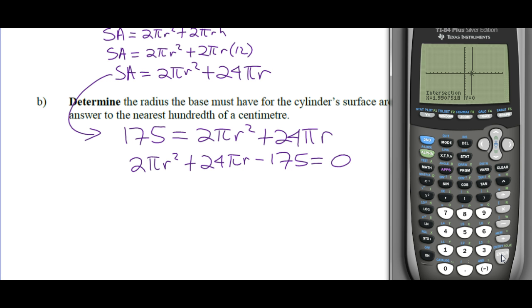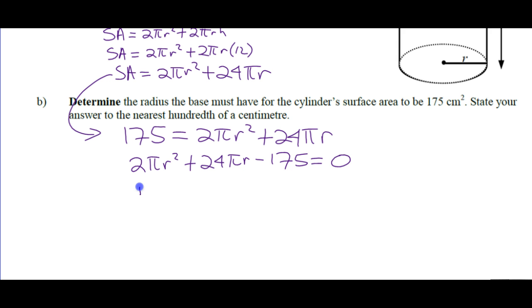Its nearest hundredth of a centimeter will be 1.99 centimeters. Okay. So r is equal to 1.99 centimeters. So if that had been 1.995, then it would be 2.00, right, after rounding. But it was like 1.990 something. So the radius is 1.99 centimeters.